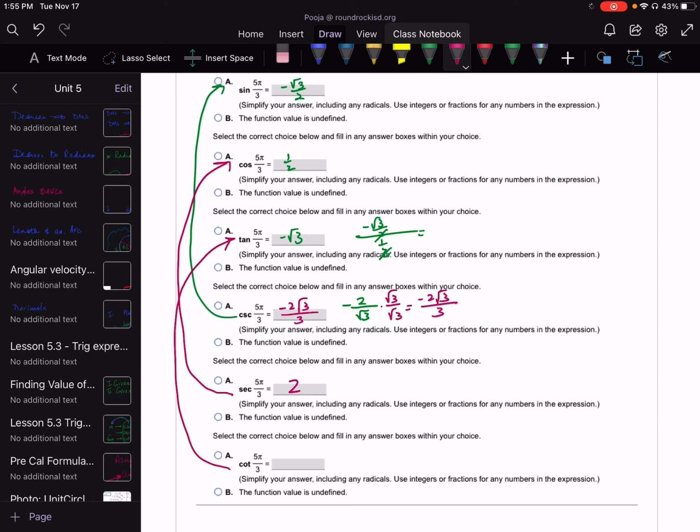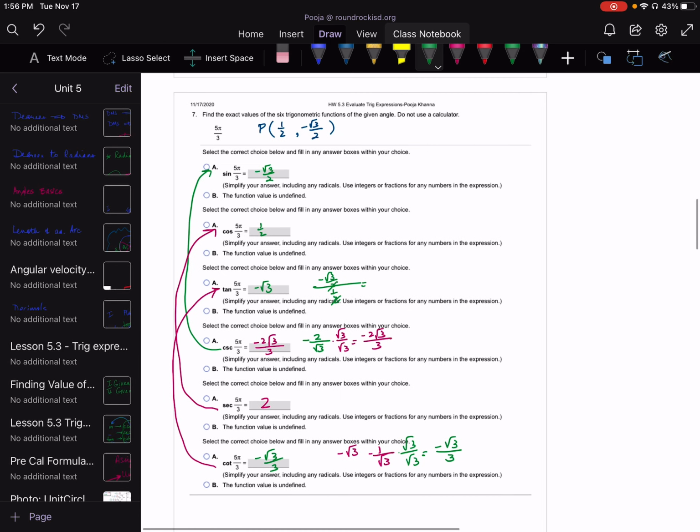Cotangent is reciprocal of tangent, so negative root 3, when flipped over, is negative 1 over root 3. And we'll have to quickly rationalize it. Negative root 3 over 3, and that's what will go here. Okay.